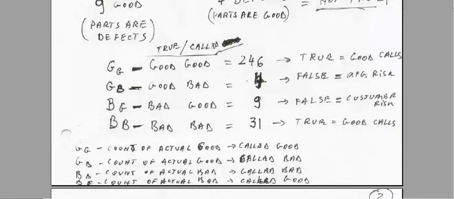And in the bad scenario, there were 31 parts, so these are the true statements. So we're dealing here with two true statements, 246 which were in fact good parts, and 31 which were bad parts. However, we have 4 identified as bad but they were good, and also we have 9 that were bad but they were called good parts.